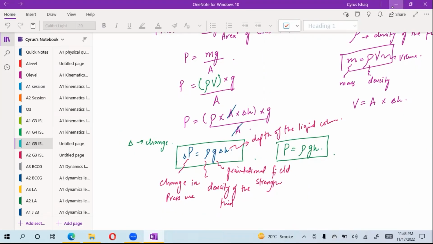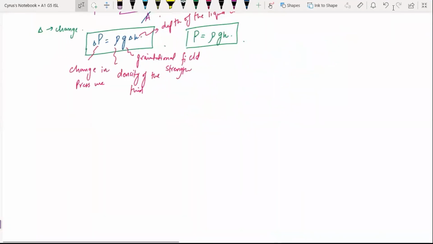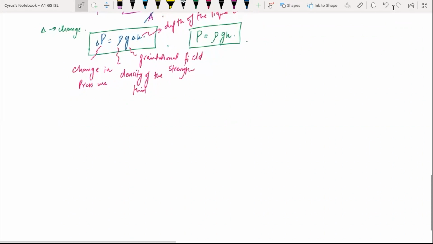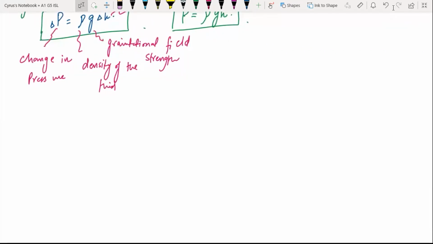Let us move ahead with the concept of the atmospheric pressure, right? What is atmospheric pressure? You know that the value of atmospheric pressure near the Earth's surface, near the sea level, in fact, is what? That is 1.01 into 10 raised to the power 5 pascals.